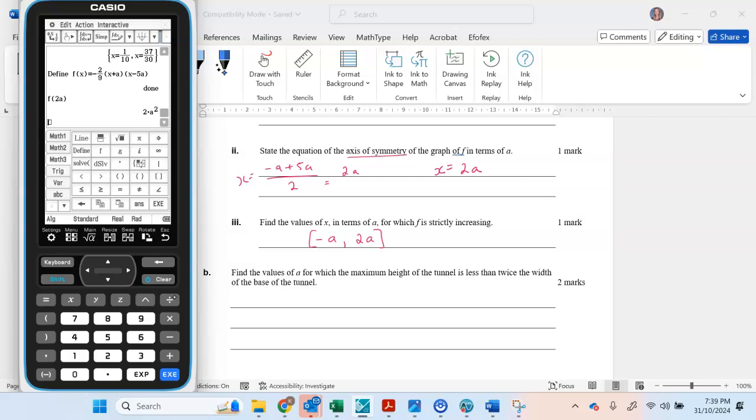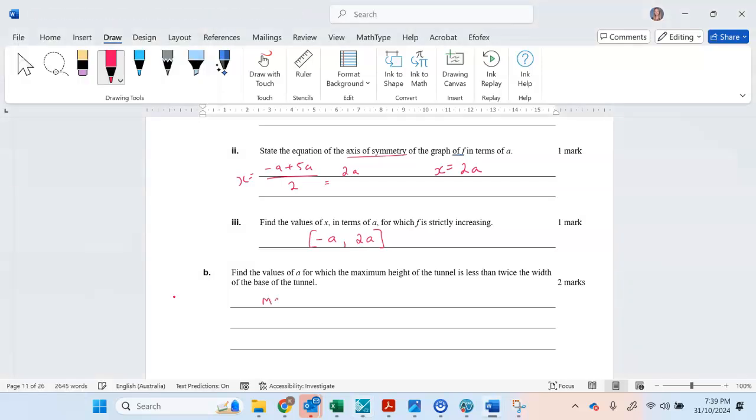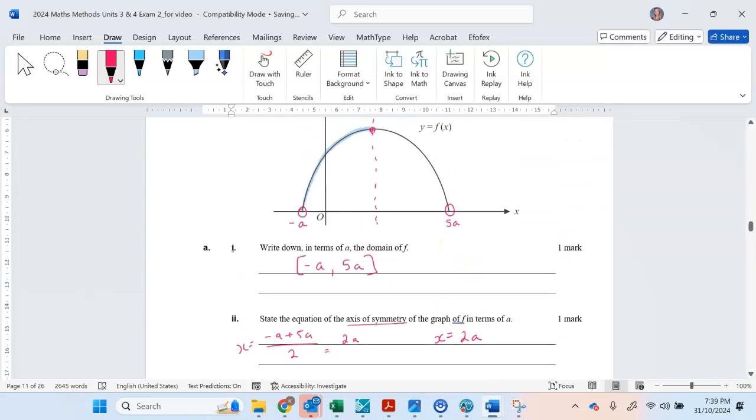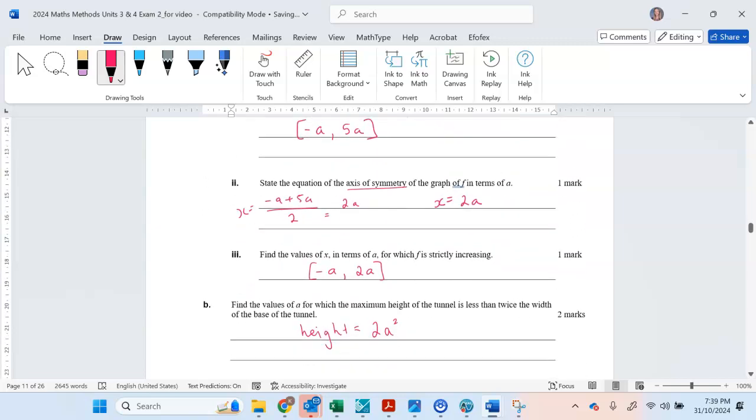So it's going to be 2a squared. So the height is equal to 2a squared, and the width is 6a.